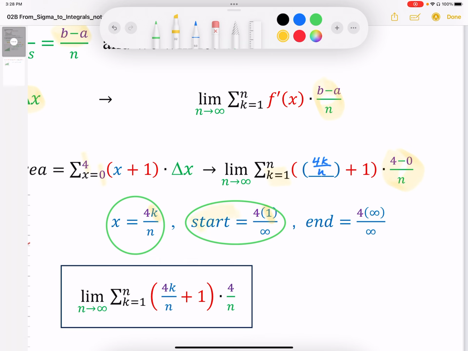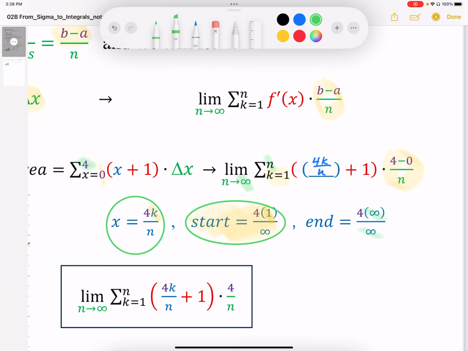I'm just going to do that in yellow. And then I need to get to the ending bound with that same expression. The end is at 4, and I get that by plugging in infinity, because remember that n goes to infinity at the end. So I get infinity divided by infinity, which is our n in our expression.